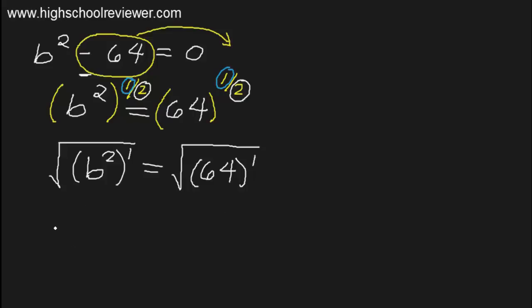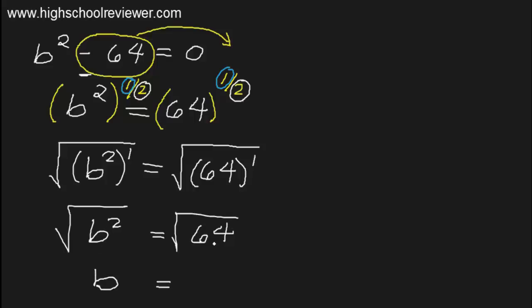Now, this is equal to the square root of b squared and the square root of 64. The square root of b squared is b, and for the square root of 64 there will be 2 roots, so we will have plus minus. The square root of 64 is plus minus 8.